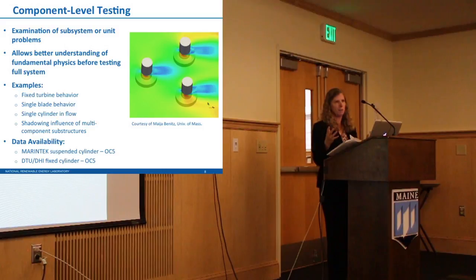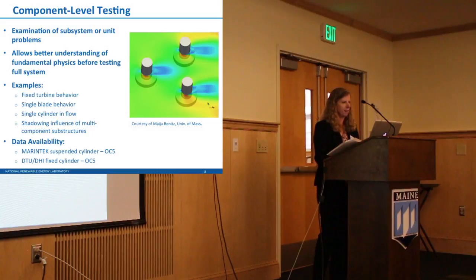But it can also be a combination of components, where you look at what happens when you put 2 cylinders together and how the hydrodynamics interact. If you have multiple cylinders, obviously you have shadowing effects just like you do for multiple turbines. So you can do tests that focus on understanding those behaviors better.